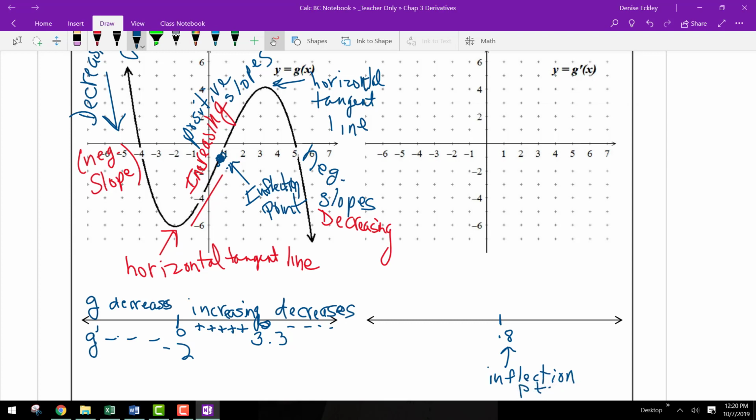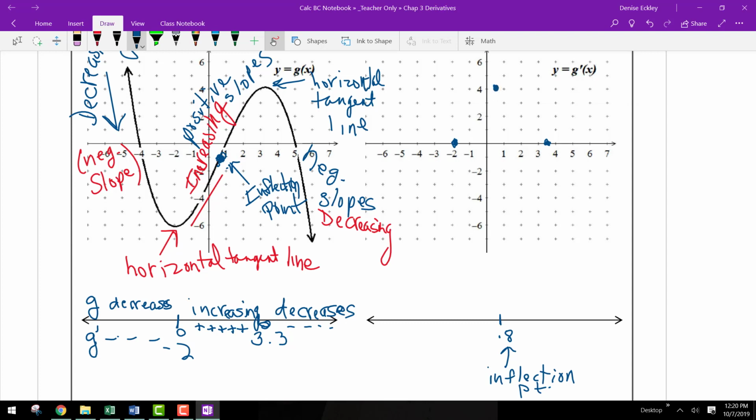And what I'm going to notice is that turns out to be the maximum of my graph. So I had a horizontal tangent line at -2, which corresponds to a 0 on this graph here. And then I have a horizontal tangent line at 3.3, which means I have 0 slope. Remember, this is representing the slopes. And then I'm going to have a maximum at 0.8 right around here.